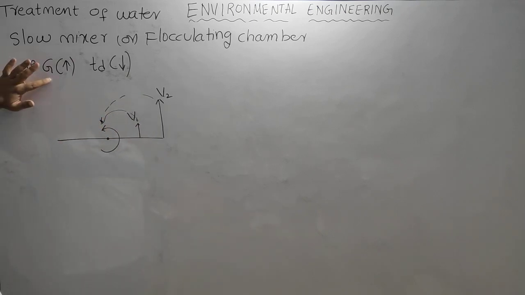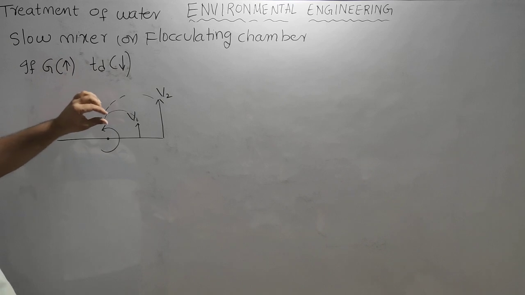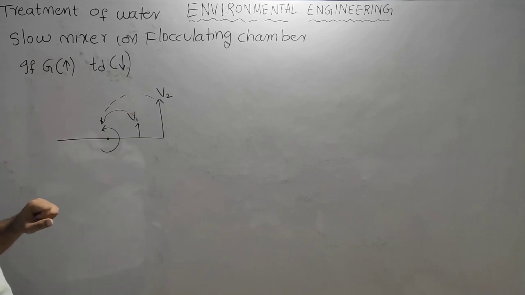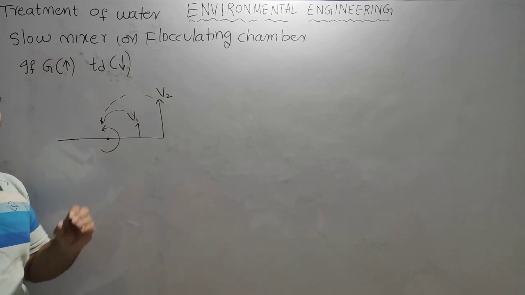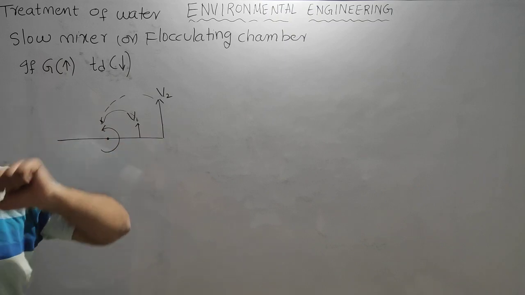When you are moving faster, all the particles will come and arrive at the center part where you are applying this force, but it is happening for a smaller duration only, because you are giving that velocity for smaller time.